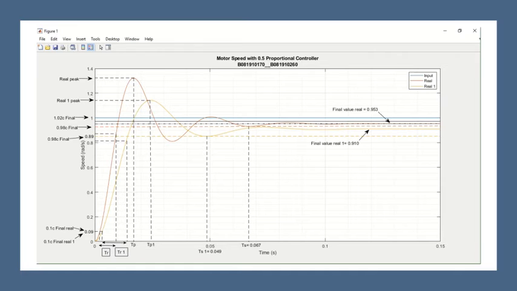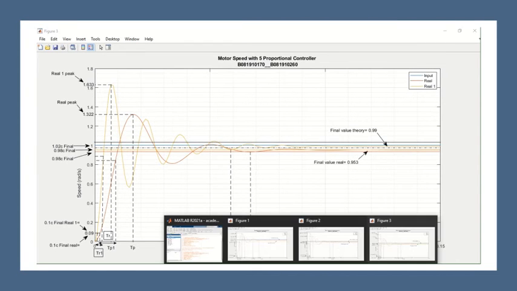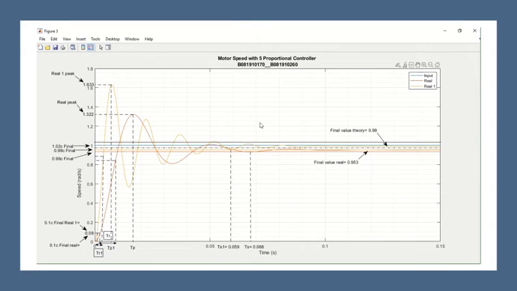Next, for the graph, I have used 3 and 5. So what I conclude is when we use the highest proportional gain, we can see the response line has the highest maximum value compared to the original peak. Wait, let us see for 5.